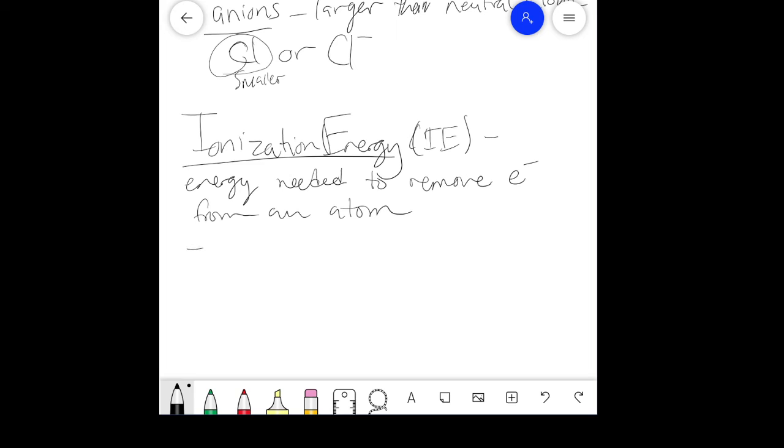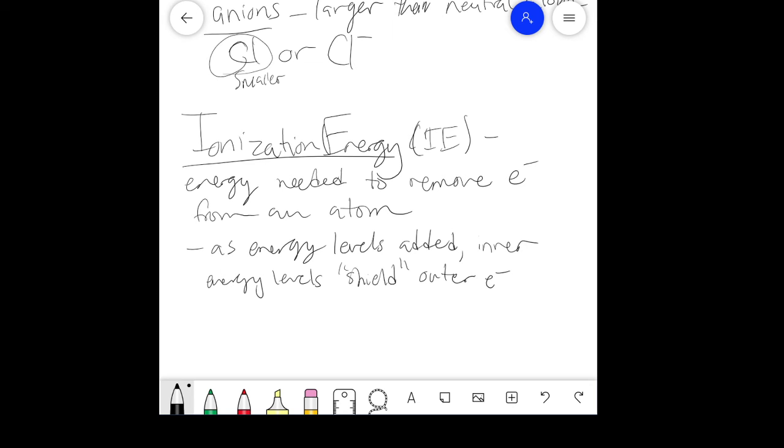So as energy levels are added, the inner energy levels kind of shield the outer electrons from the proton's attraction, which is also called the shielding effect.